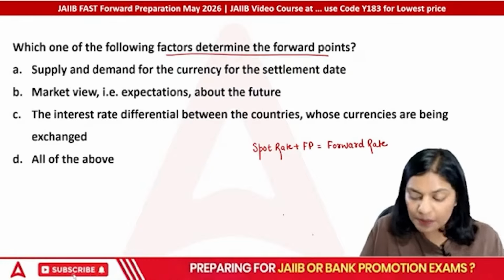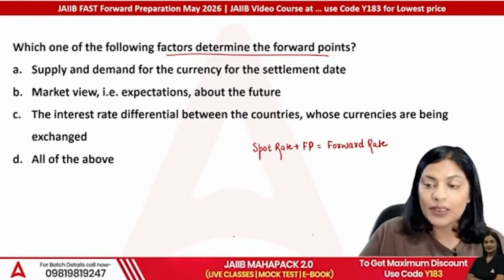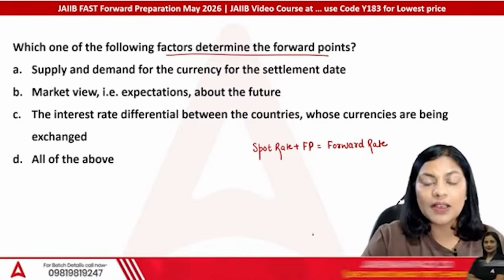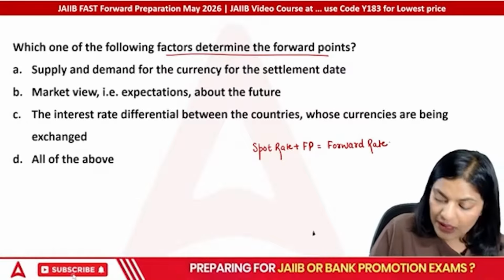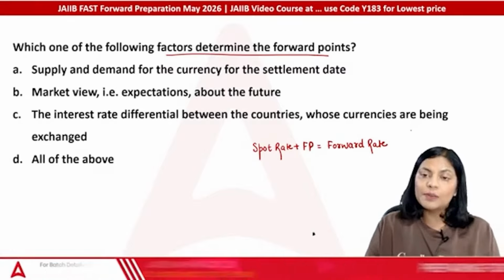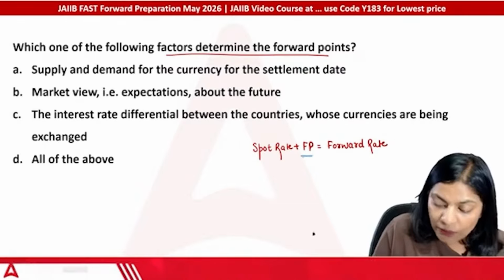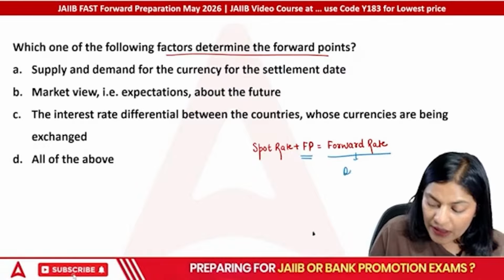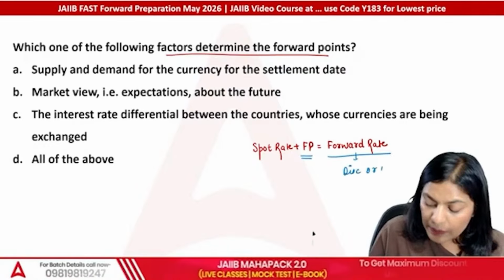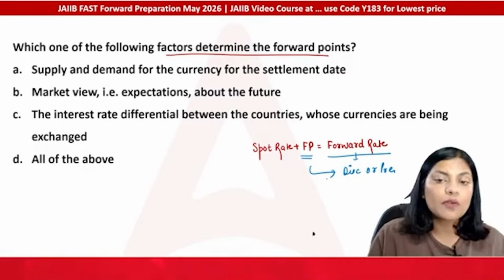These forward rates are basically our future rates. For example, if we are doing some transaction that we'll be executing in future, then this is the rate that we'll have to follow. These forward points will tell us whether our forward rate is at a discount or at a premium.